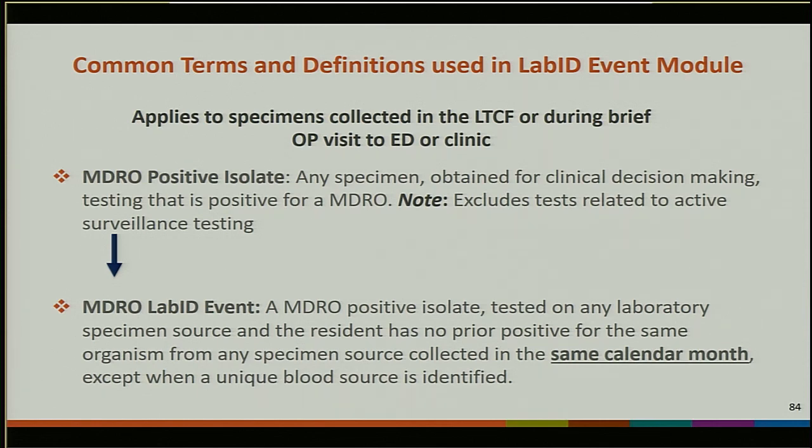An MDRO LabID event is an MDRO positive isolate tested on any specimen source when the resident has no prior history for that same organism from any specimen source in the same calendar month. So this is a little bit different compared to CDI.